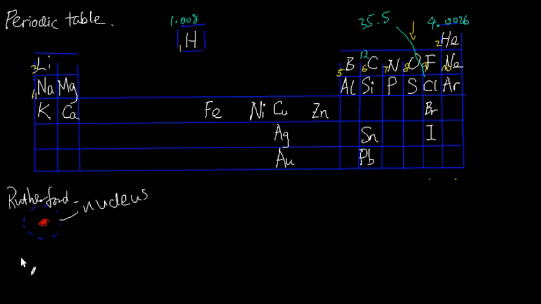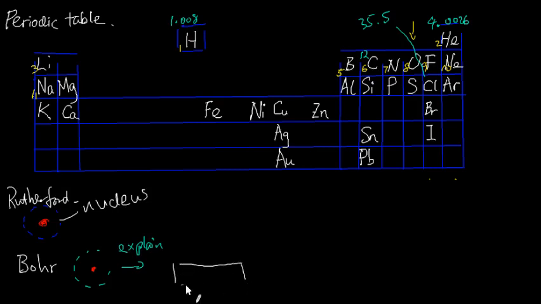we have Niels Bohr, who came up with his idea that if you think about the hydrogen atom as a nucleus with an electron going around it, and where the electron can only take certain energy levels, then Bohr was able to explain the line spectrum.